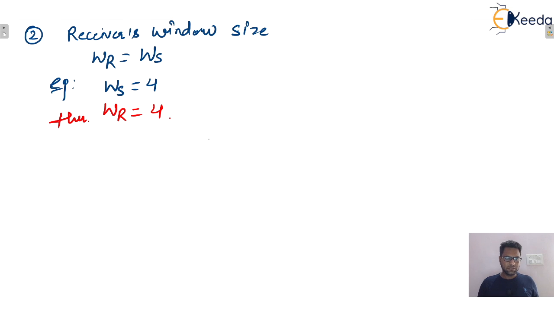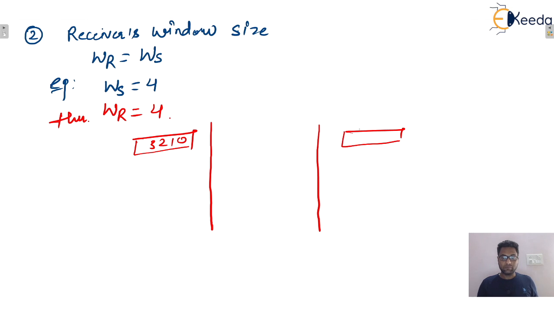Let us consider a timeline diagram. Sender window size is 4, say packets 0, 1, 2, 3. The receiver will also be waiting for 0, 1, 2, 3 at the same time. In Go-Back-N the receiver window size was equal to 1, but here the receiver window is equal to the sender window.